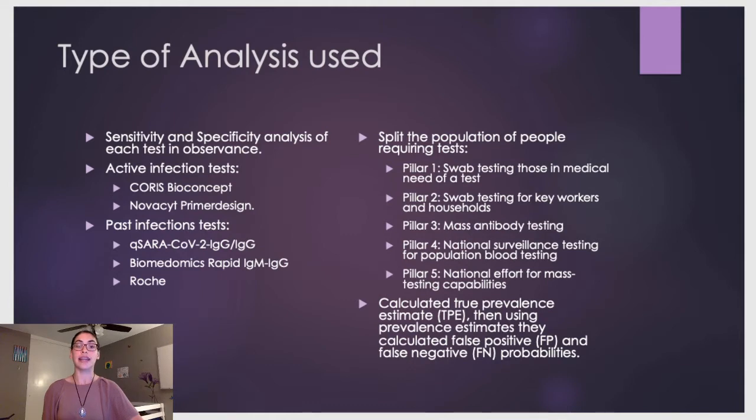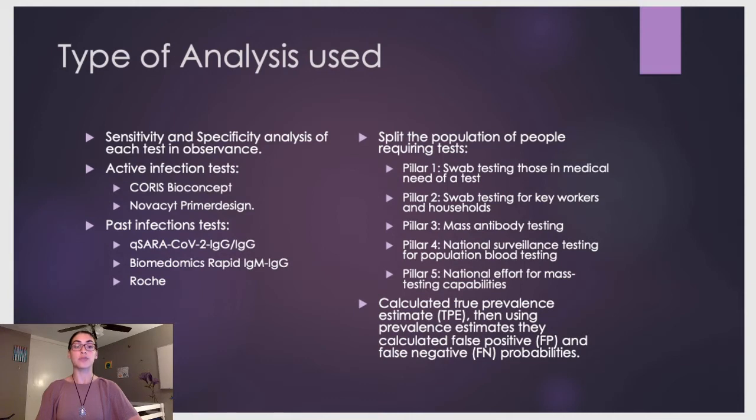Pillar 4, a national surveillance for population blood testing using a high accuracy antibody test operated by Public Health England. Pillar 5, spearheading a diagnostic national effort to build mass testing capability at a completely new scale.